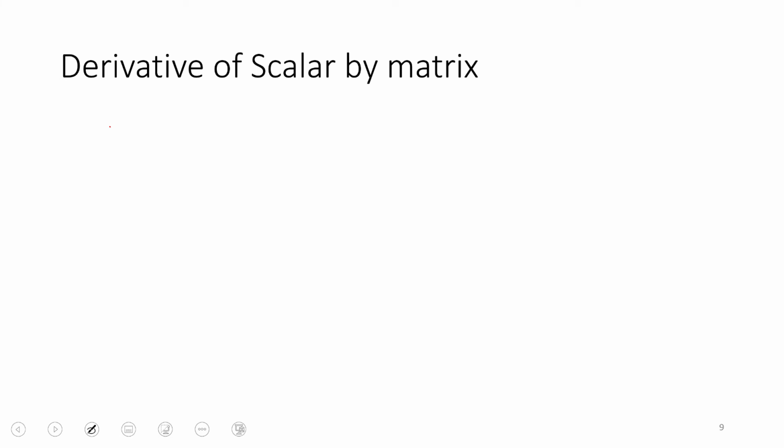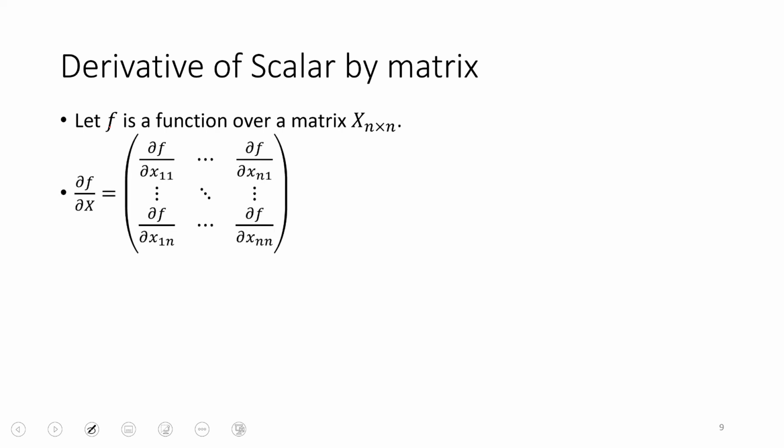Now, derivative of a scalar by a matrix. That means we have a scalar function with respect to a matrix X. Let's say f is a function over an n by n matrix X. Then partial f with respect to the matrix X is defined as partial f with respect to partial x11, the first element, and then this one is partial xn1, not 1n, and this is x1n right here.